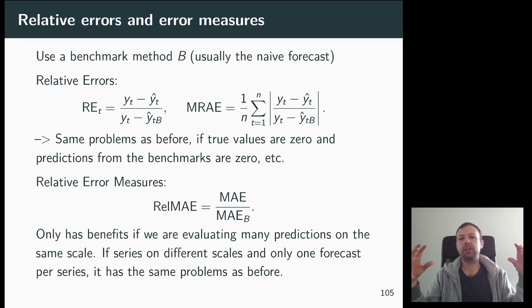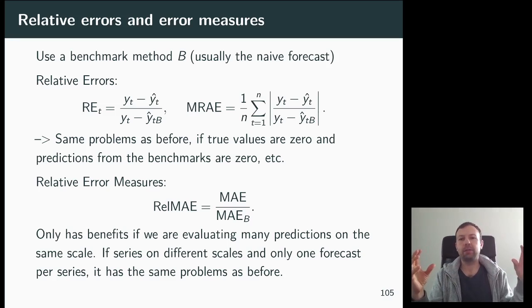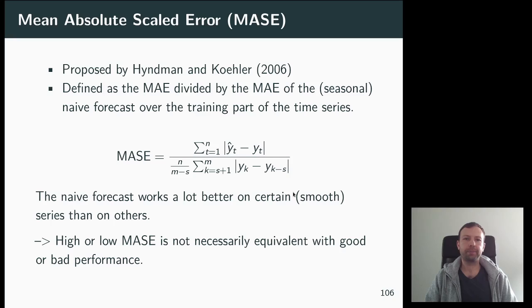So you really need to have a bigger test set on a series. If you just predict one value per series, you still have the same problems. You can't really calculate this mean properly. You are back to the situation from before, and you can still get your division by 0, for example.